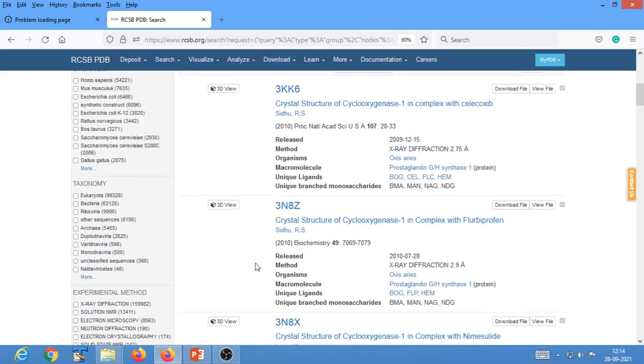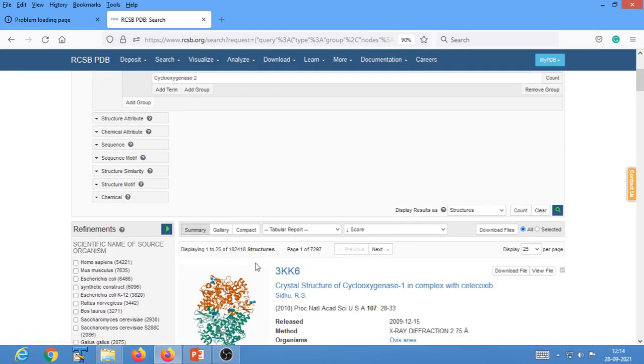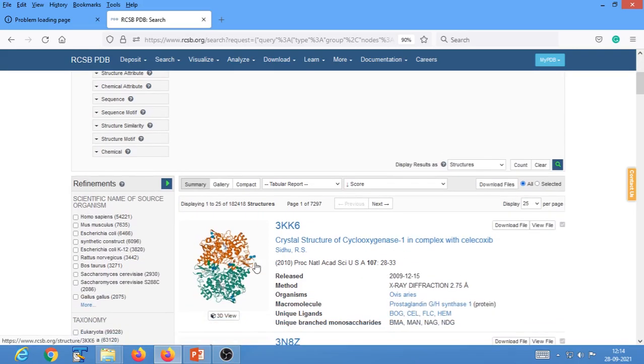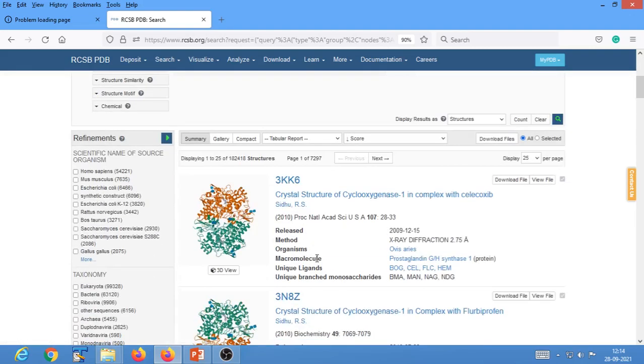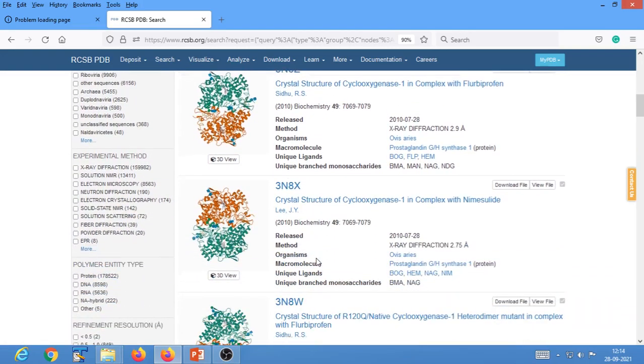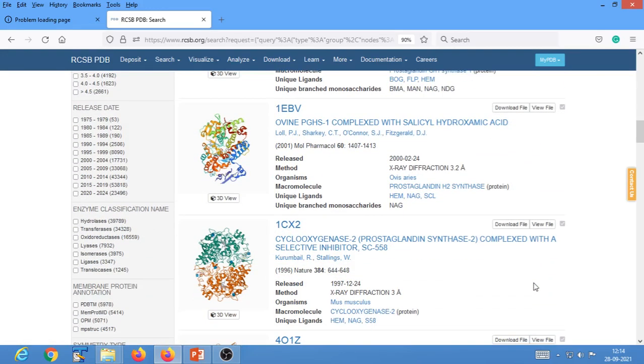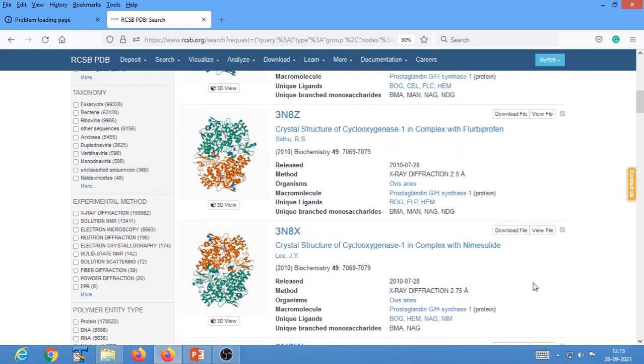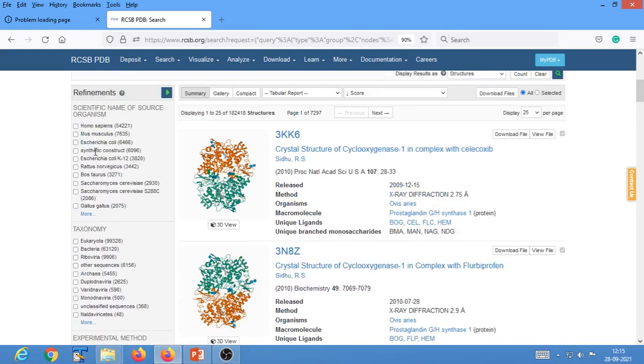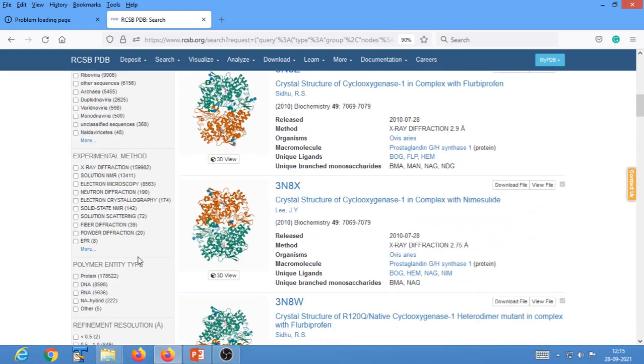Here you can see that there are a lot of structures for cyclooxygenase. Cyclooxygenase 1 and cyclooxygenase 2, there are a lot of structures. Now let us focus only on how many cyclooxygenase structures are from mice.